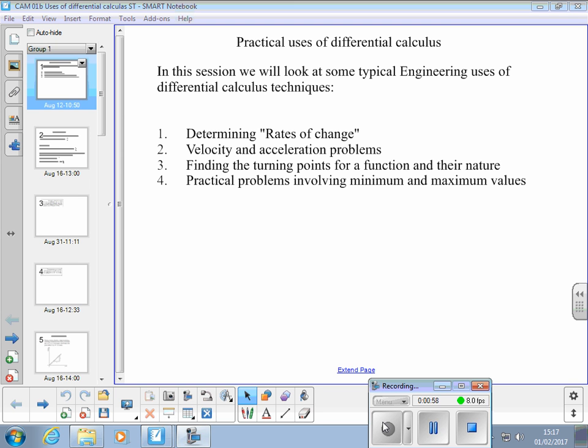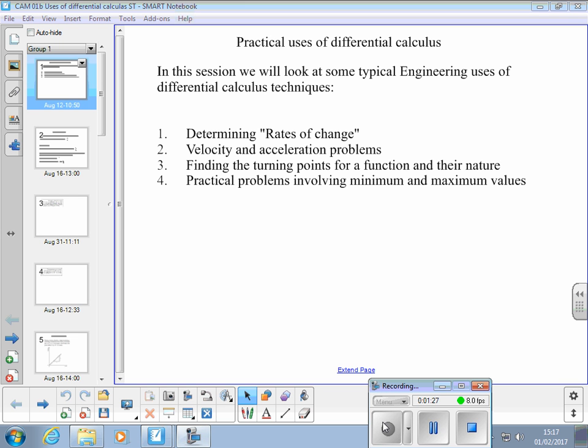Finding the turning points for a function and what their nature is. So minimum, maximum, and another one that we didn't see earlier, a point of inflection in a function. You might want to do that if you were looking at a projectile and wanted to know its maximum height.